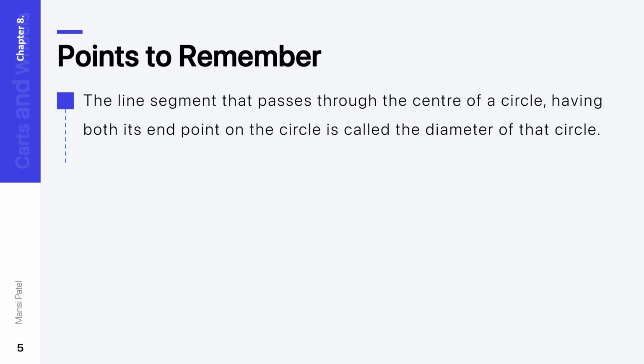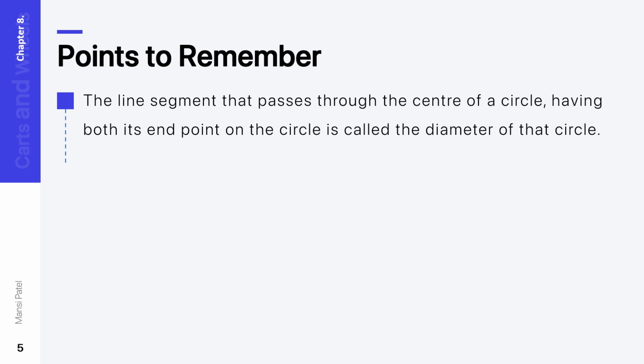Now, the line segment that passes through the center of a circle. You know that one line passes through the center of the circle, and that line has both its endpoints on the circle.